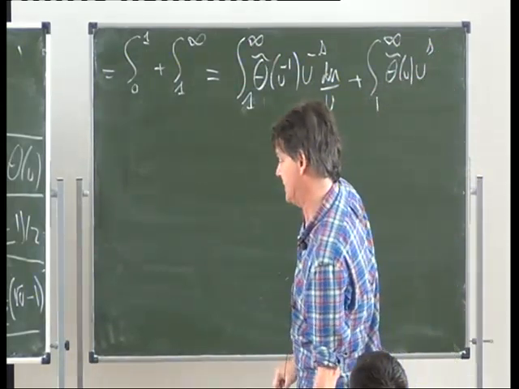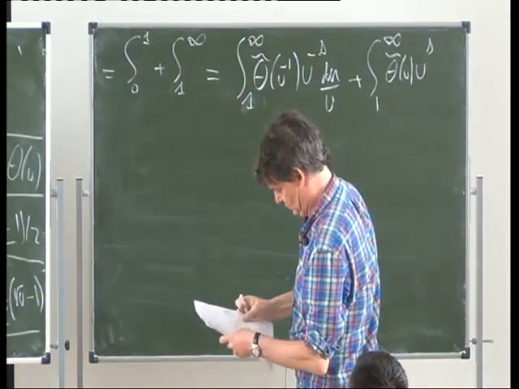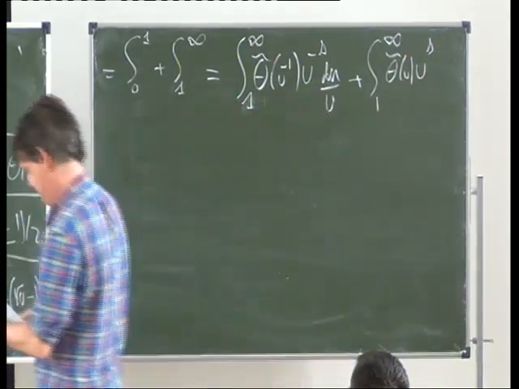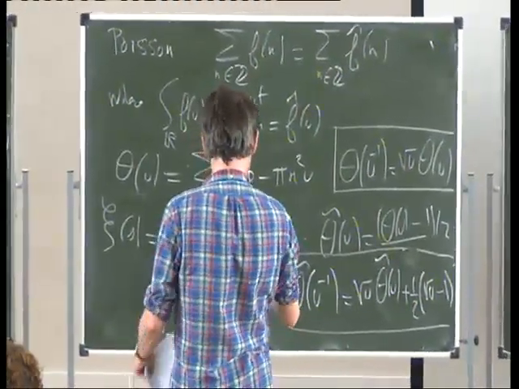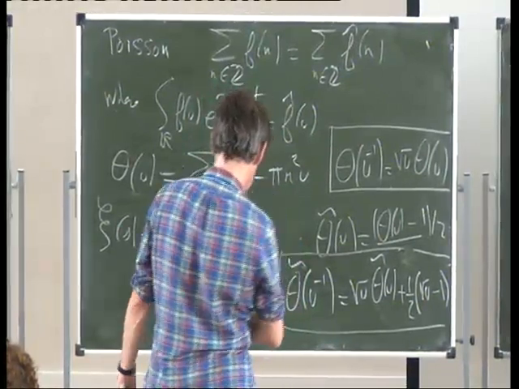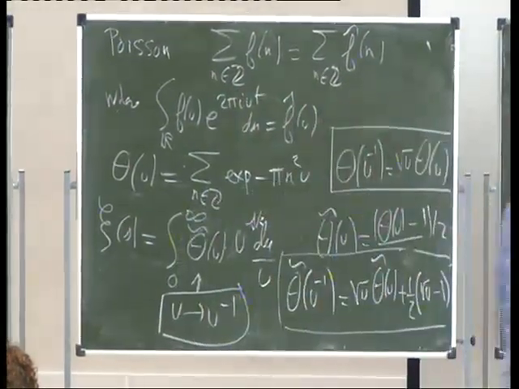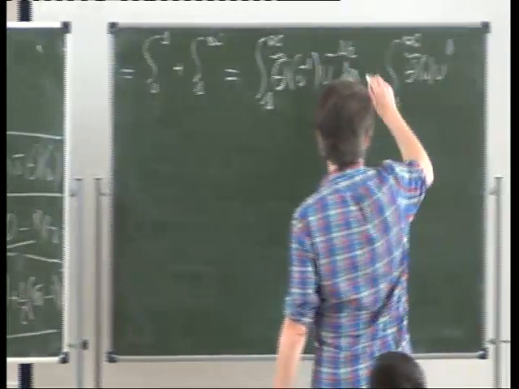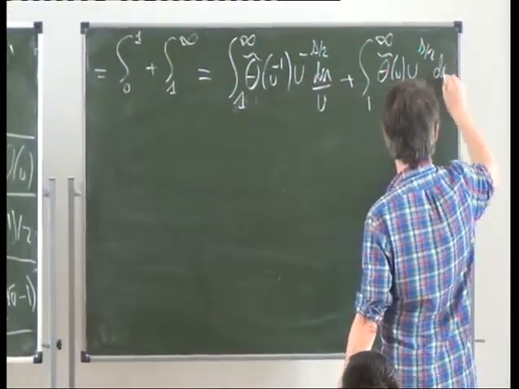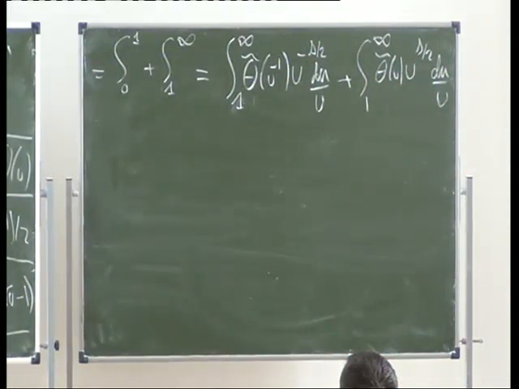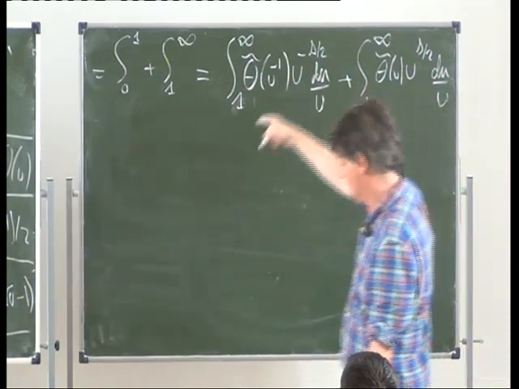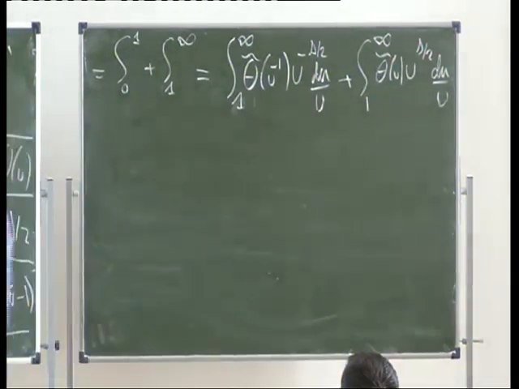There is an s over 2 perhaps that I have not written. Here it's s over 2, so I get minus s over 2 du over u. This is basically that.